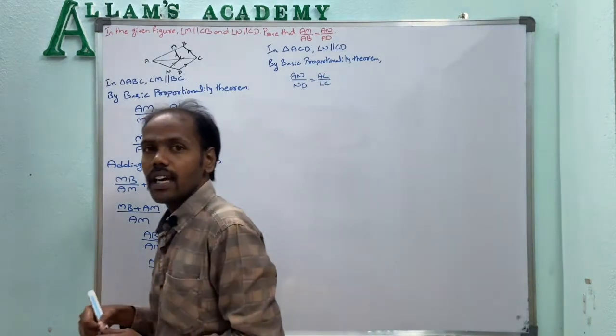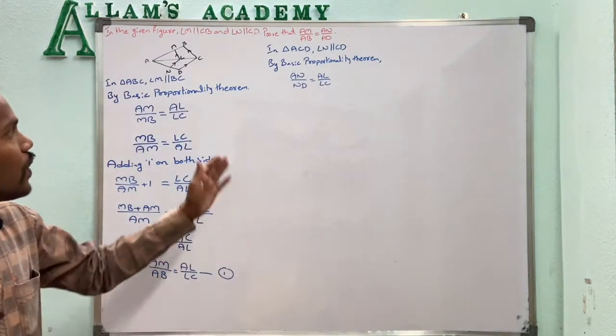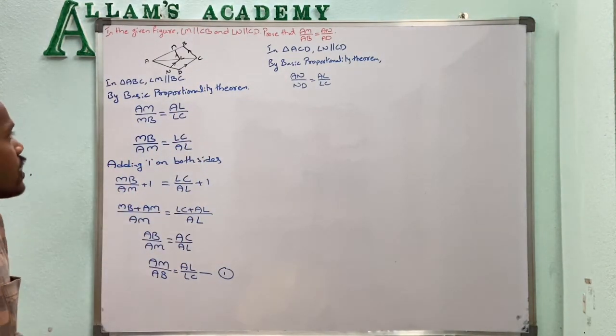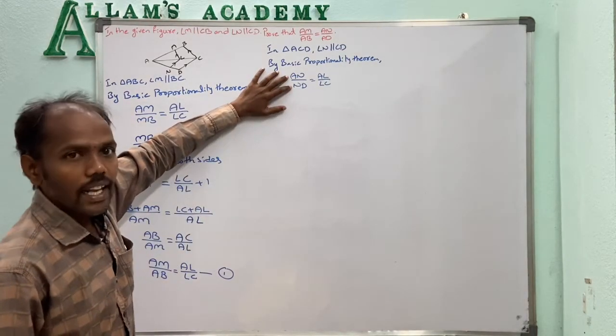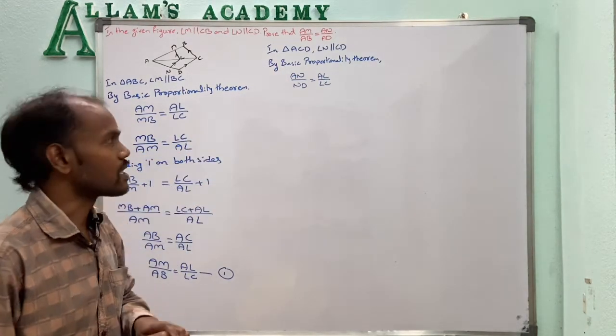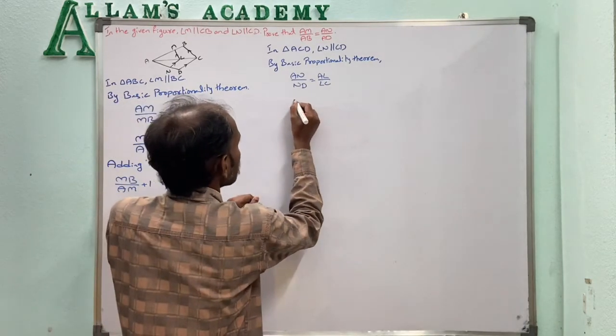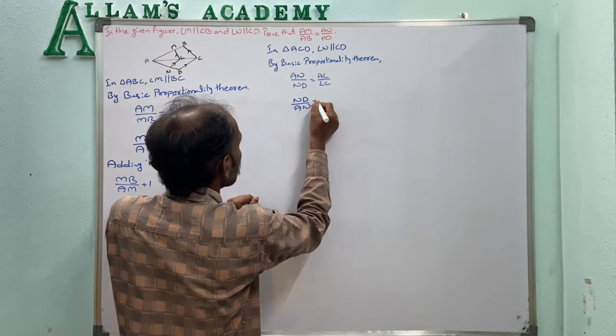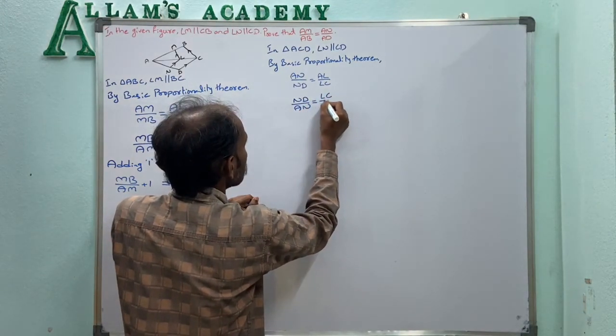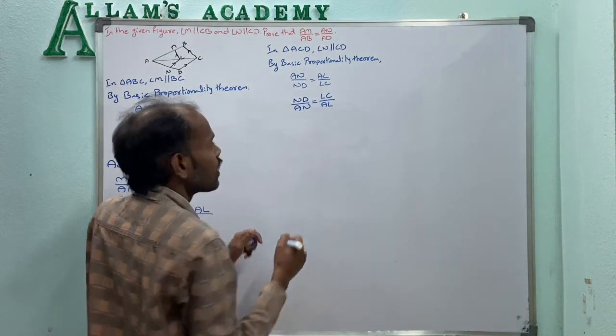Now, for getting our result, same as before, we write the reciprocals of these fractions. That is ND by AN equal to LC by AL.